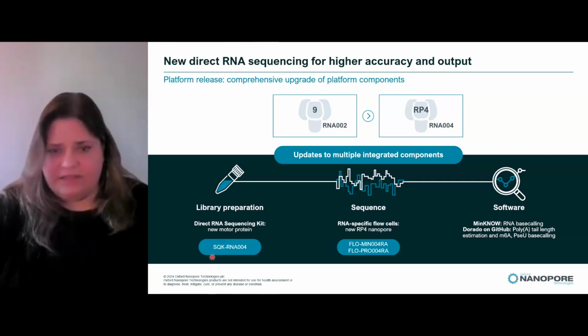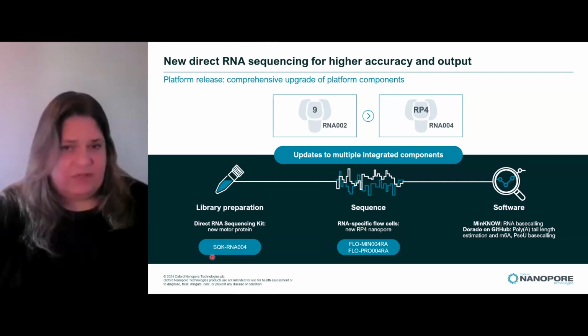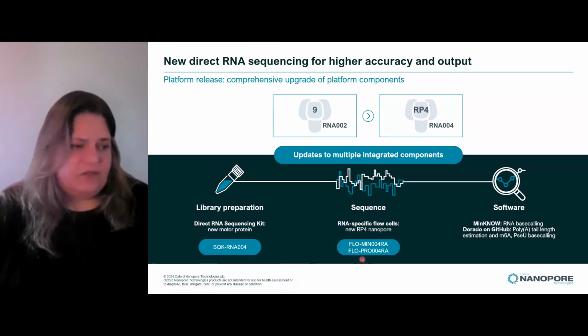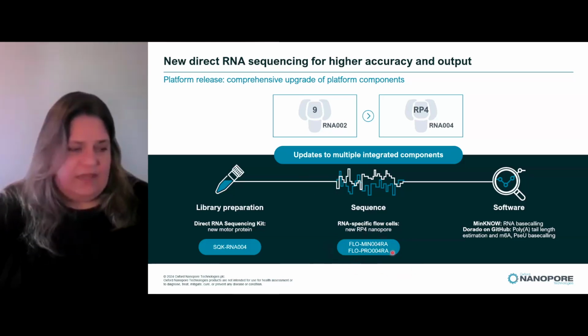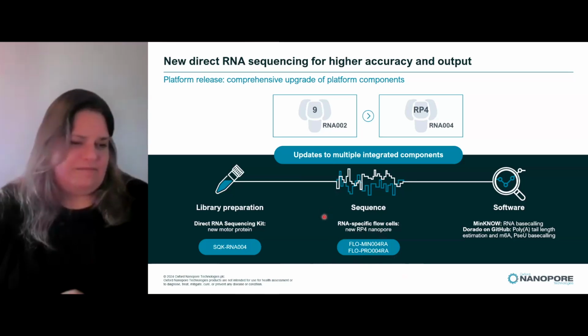The RNA kit does not work with any DNA preps, so you can't run cDNA preps with the RNA motor protein. It doesn't work. And also anything that's DNA will not work on the RNA flow cells. So these Min4RA or Pro4RA are specific for direct RNA only. But it makes it way better.